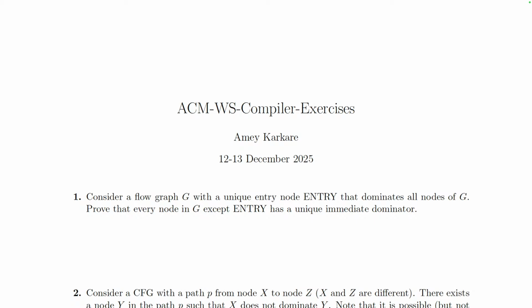Okay. But now we are talking about, there is an entry node, there is a node X other than entry, and you are saying there are two dominators D1 and D2.